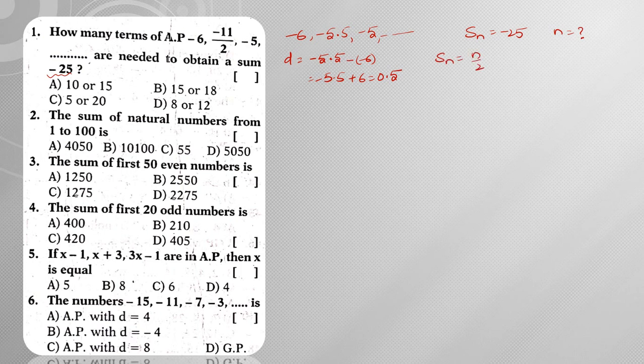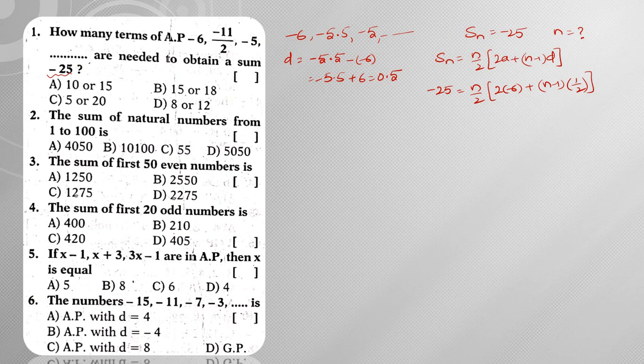Sn is equal to n by 2 into 2a plus n minus 1 into d, because here we don't know the nth term. So I can write minus 25 is equal to n by 2 into 2a, that means 2 into minus 6, plus n minus 1 into the common difference, 0.5, which I can write as 1 by 2, right?